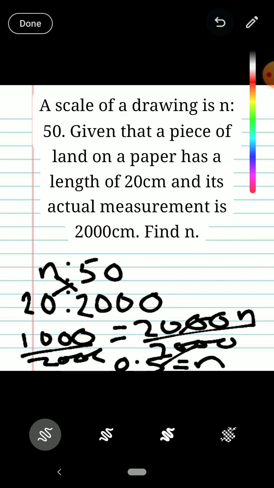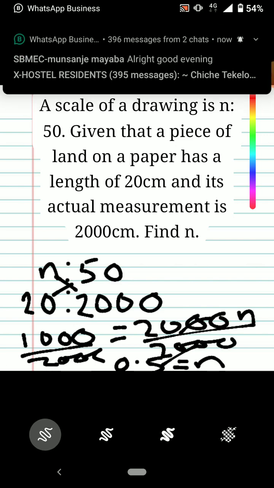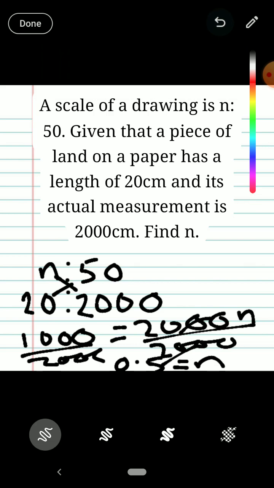Now, there are times when we know the scale, but we may need to compare areas. What does that mean? Maybe I draw so that you understand. So we have this piece of land. It's maybe 4 centimeters by 2 centimeters.